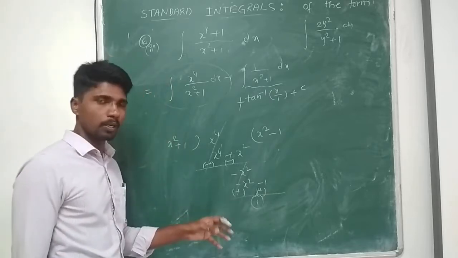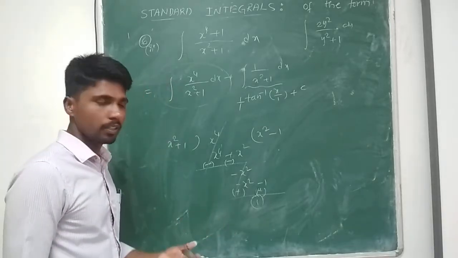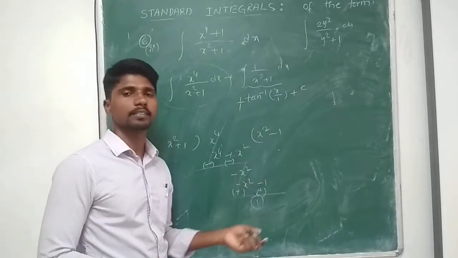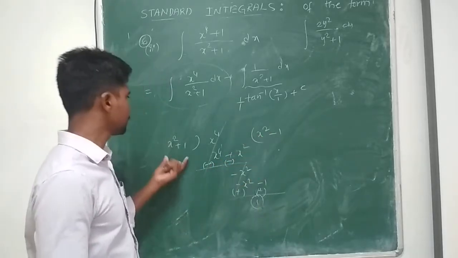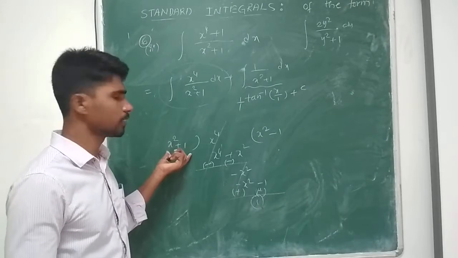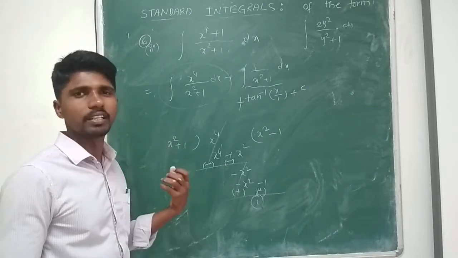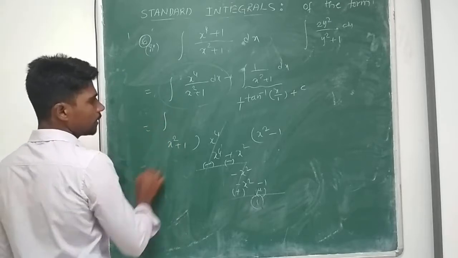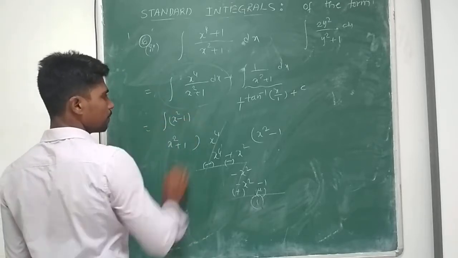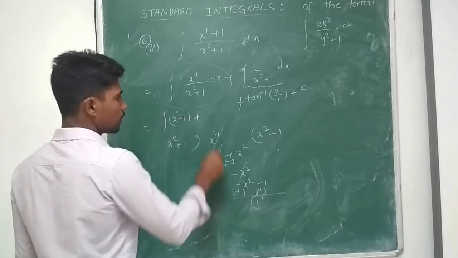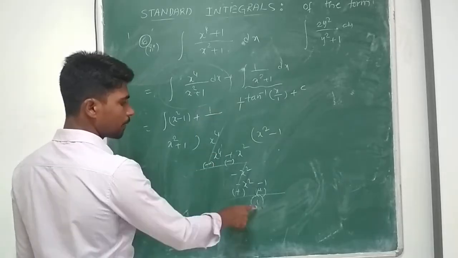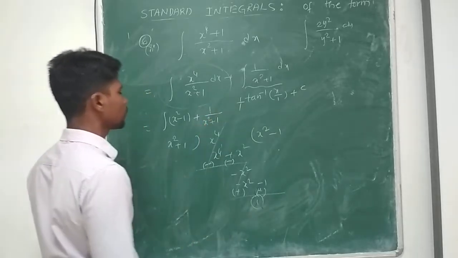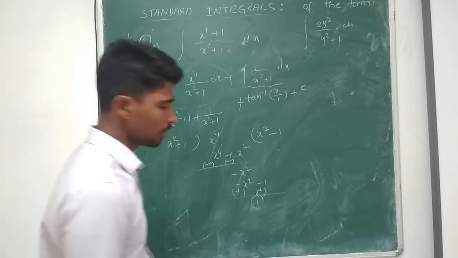After getting the remainder, what do we have to do? f of x by g of x can be written as quotient plus remainder by g of x, the divisor. So this can be rewritten as integral of x square minus 1 plus 1 by x square plus 1, since the remainder is 1, right?